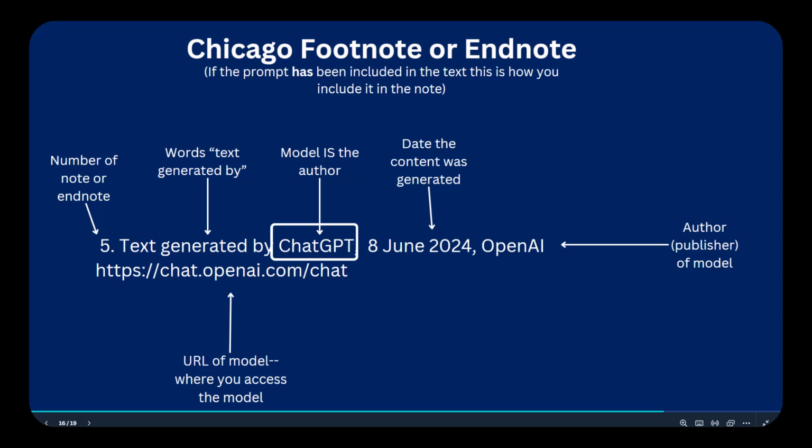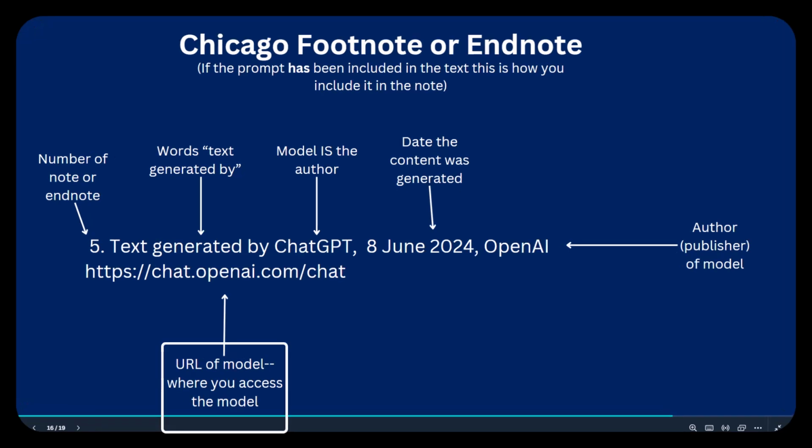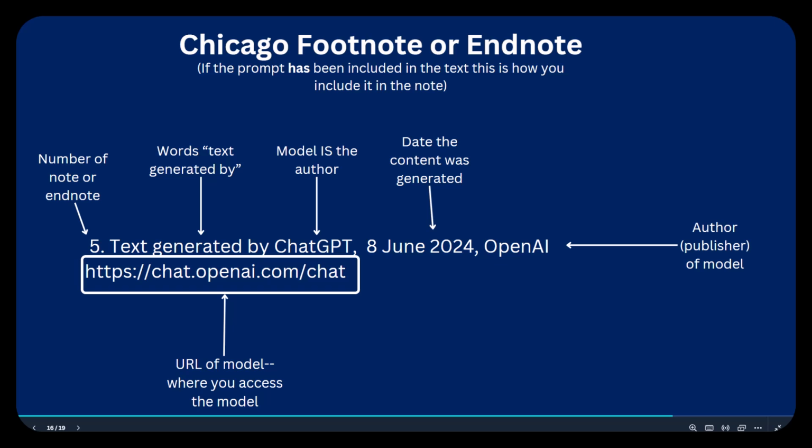In this example, ChatGPT was the generative AI model that was used. Next, you include the date that the content was generated by the model, then the author or publisher of the model, which in this case is OpenAI, which is the publisher of ChatGPT. Finally, you include the URL of the model, which is where you can access the model.